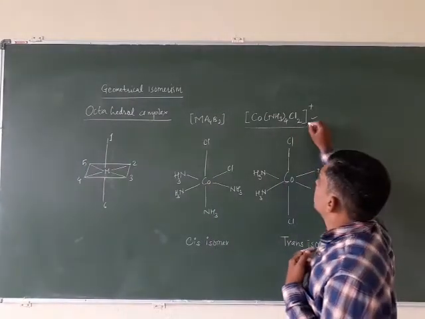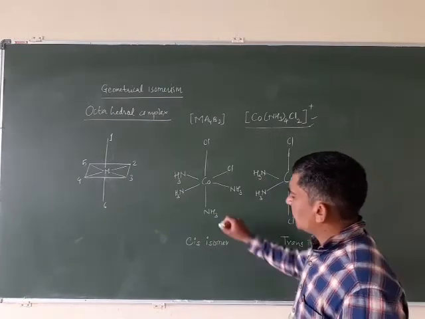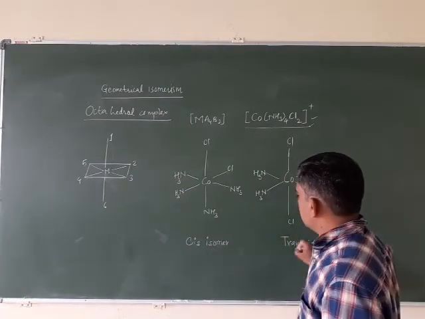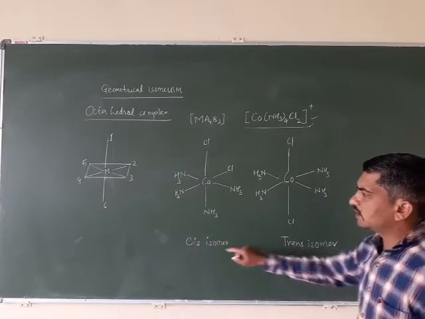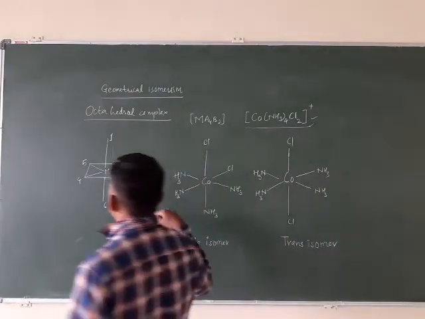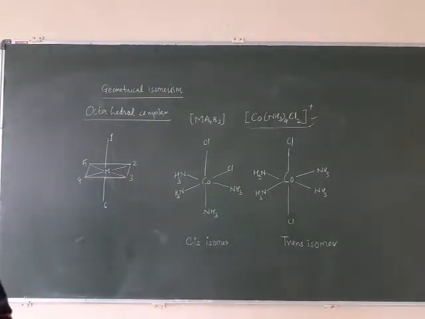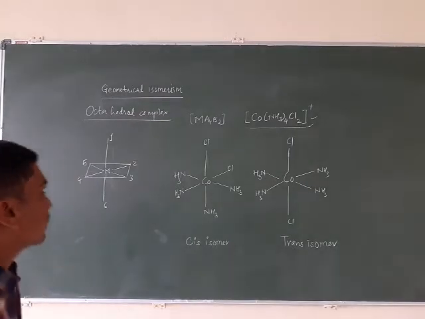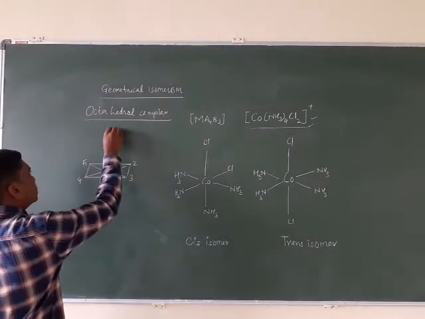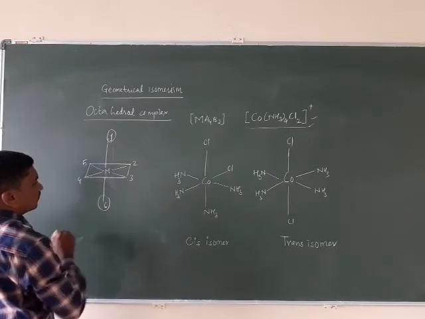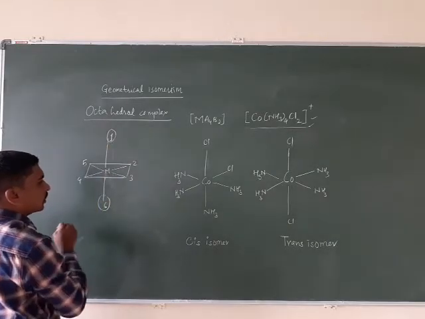They will give you a complex, and you have to draw cis and trans isomers. For that purpose, we have to remember the trans positions. 1 6 you have to draw.